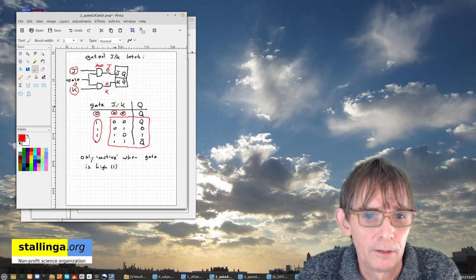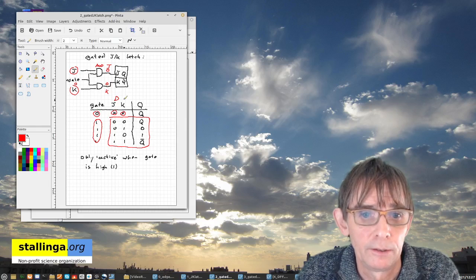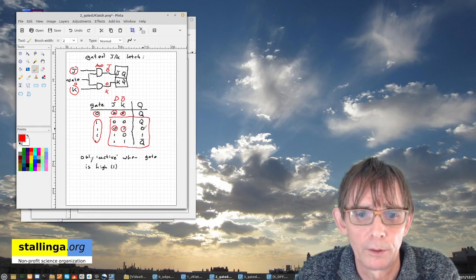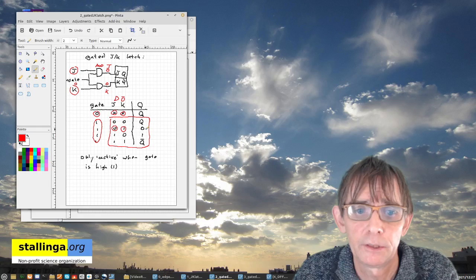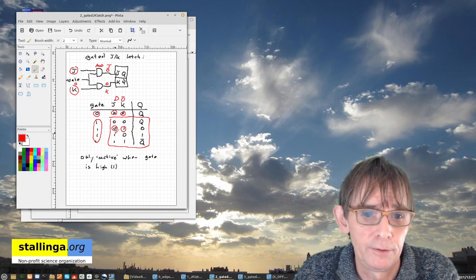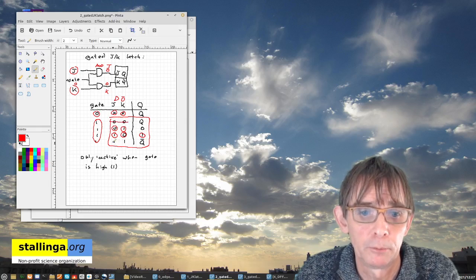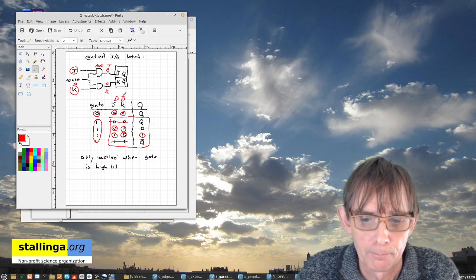D is equal to J, and K is not D. If D equals 0, then of course J equals 0 and K equals 1, and that means that we put 0 at the output. And if D equals 1, then J equals 1 and K equals 0, and we place a 1 at the output. This combination is not possible, and this combination is not possible.